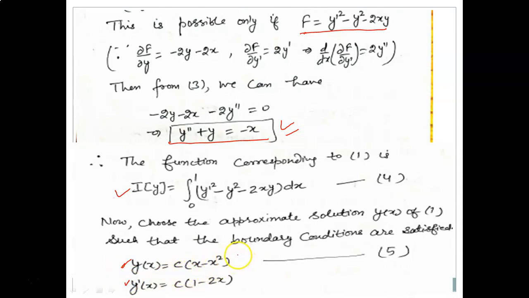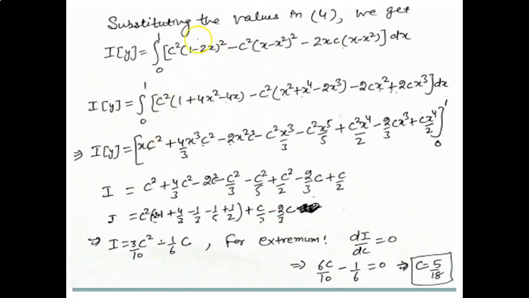These values of y(x) and y dash x can now be substituted in equation 4 here. Once you put these values in 4, it takes this form. Further simplification and integration of this, substituting the upper limit 1 and lower limit 0, we get the value of I equal to this.